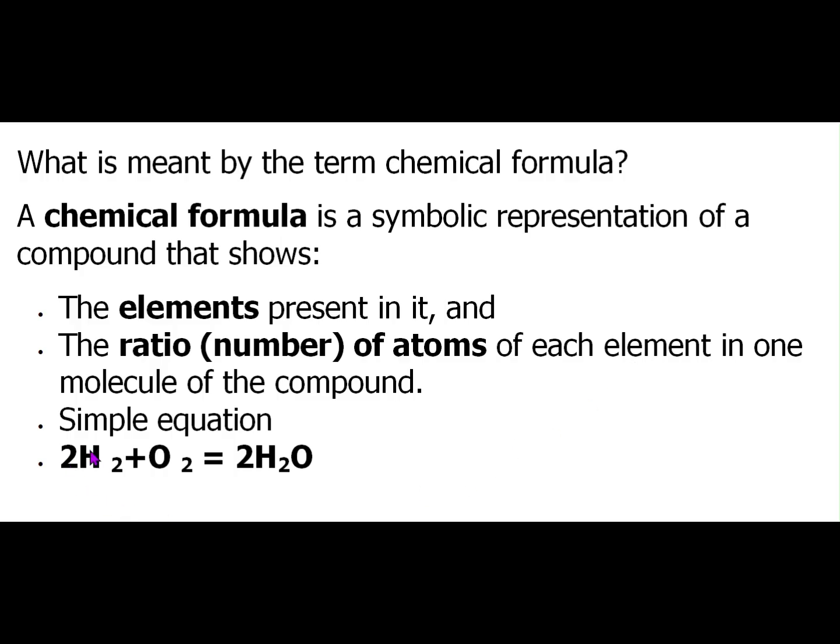What is the number of atoms here? 2H2, that is 4 hydrogen, and O2, 2 oxygen. 2 oxygen are present in the product. So it shows the equation, reactants and the product. So this is a symbolic representation of the compound. So that is the chemical formula.